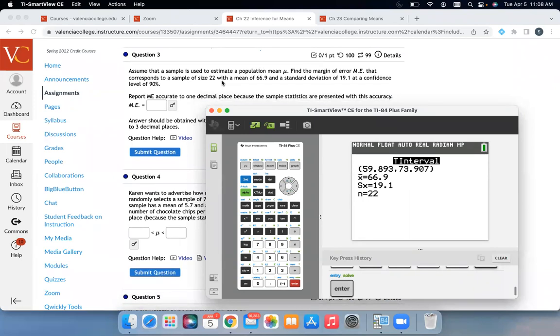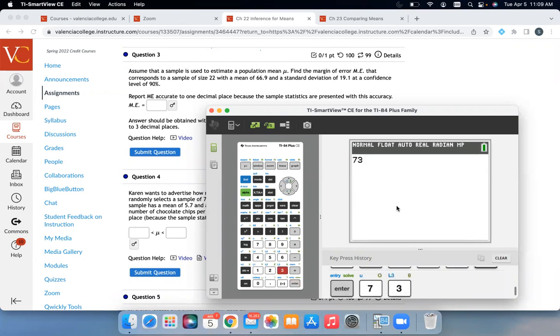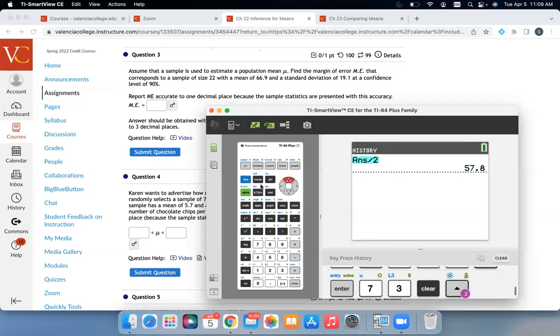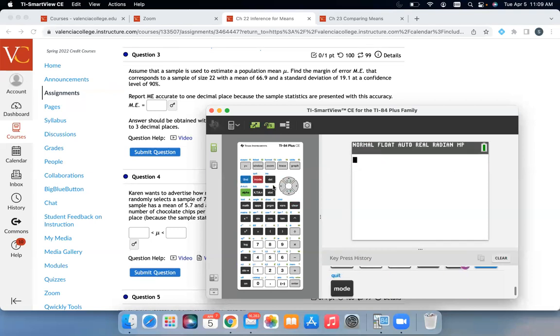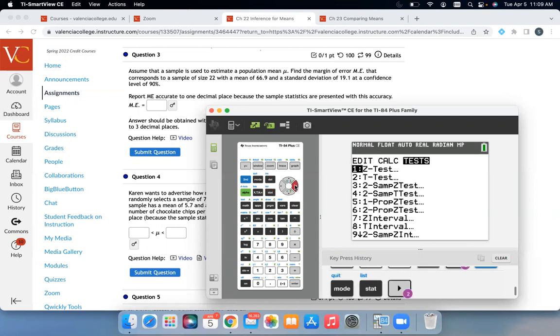What the question asks for, though, not the entire interval, is only the margin of error. So now I'm just going to work from here to get the margin of error, and that's always high minus low divided by 2. I wish they hadn't disappeared off my screen. I guess I would have to write those down. I have to remember them.